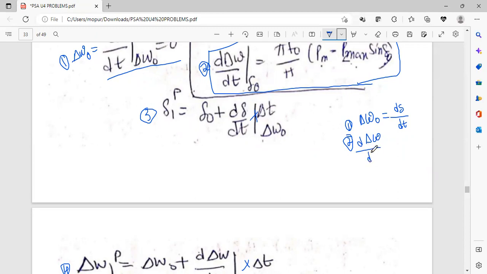The d del omega by dt formula we had obtained from the swing equation, which is equal to pi f naught by H into Pm minus, sorry, Pm in per unit minus P2 max into sin del naught. This is the second formula.